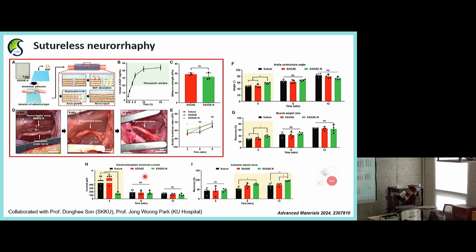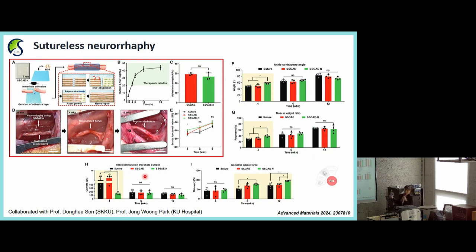And then we also checked the recovery time scale compared to the suturing and the patch without nerve growth factors. So you can see here, this one, and this one. At 4 weeks, that's the initial stage of nerve recovery, our patch with the nerve growth factor shows better recovery compared to the suturing or the patch without nerve growth factors.